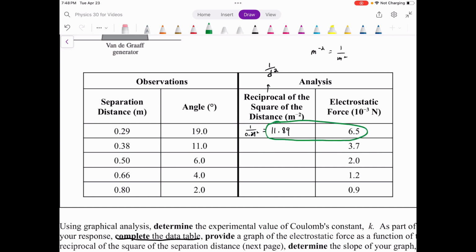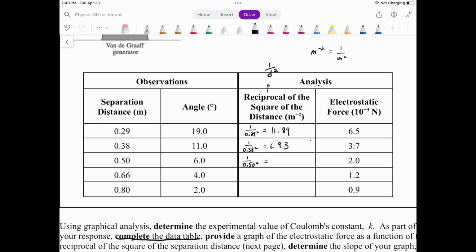And now we've got the first point that we're going to plot on our straightened graph. When x is 11.89, y will be 6.5, because we're putting 1 over r squared on the x-axis. Not r, 1 over r squared. All right, I'm just going to do that for all of these points now. Ready? So take the distance, 0.38 for our next one, do 1 over that squared, and that gave me 6.93.